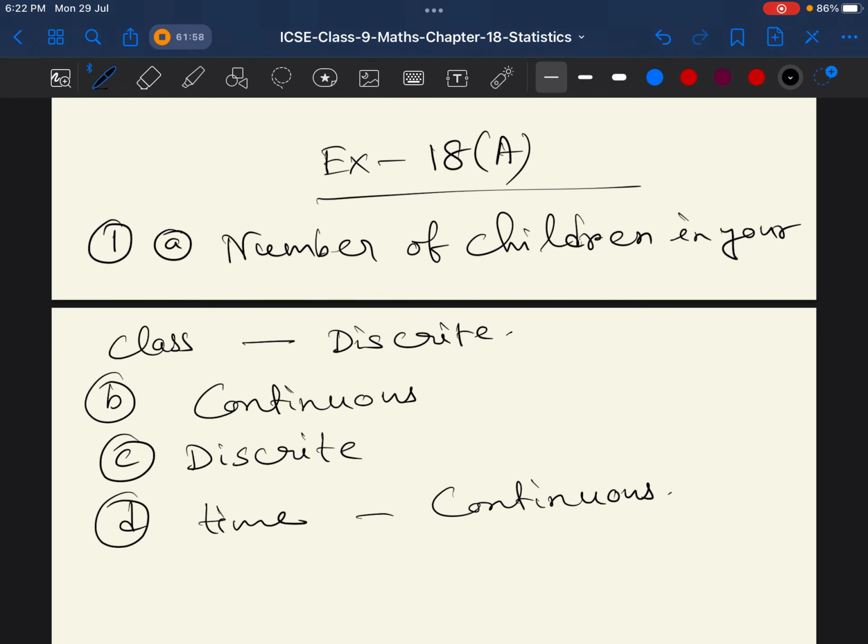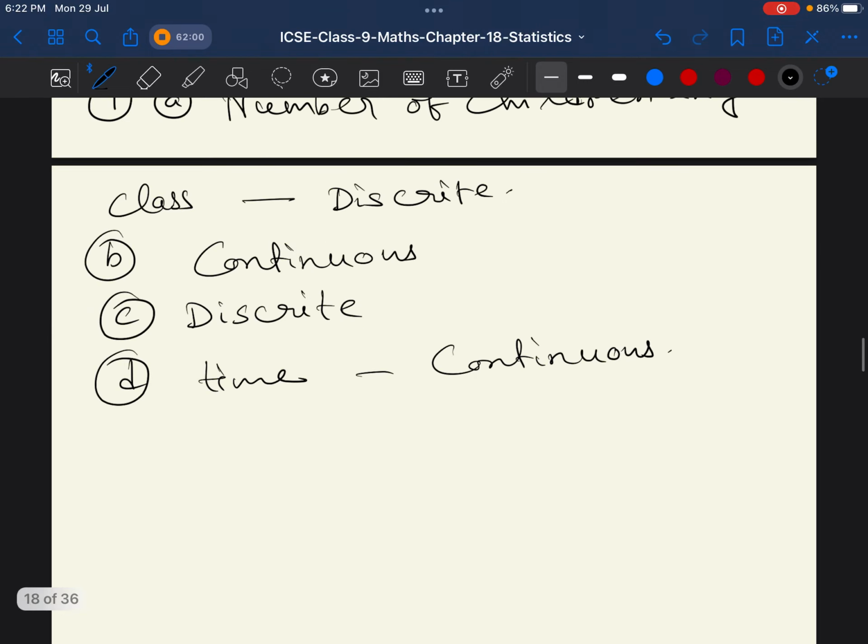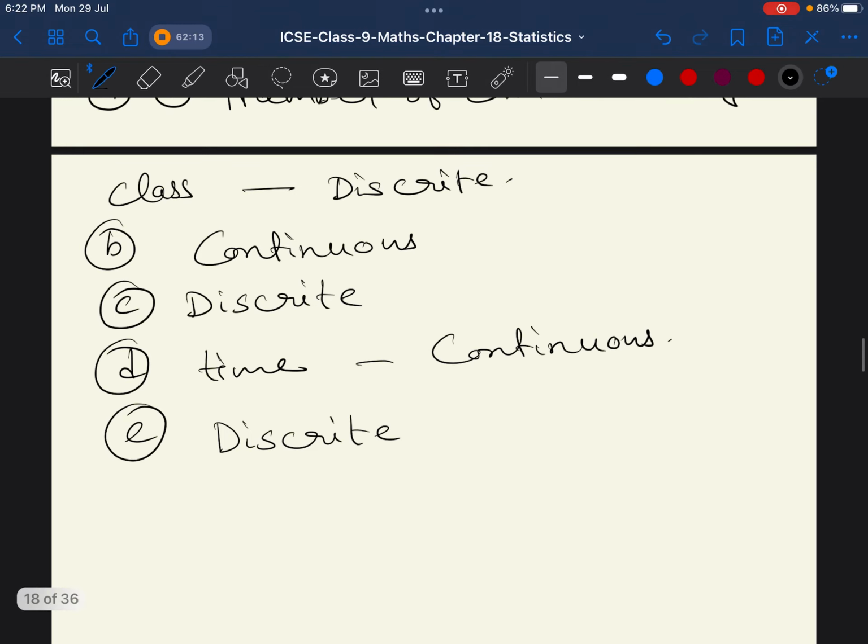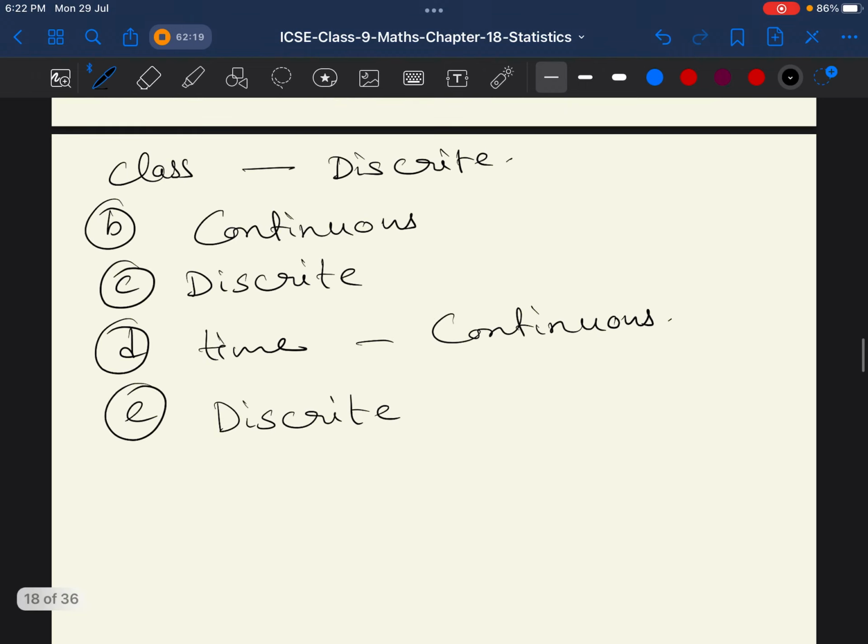So this is continuous. Now E, number of patients in a hospital. This will be discrete, here we get a fixed value. So it will be 30, 10, 20, 50.